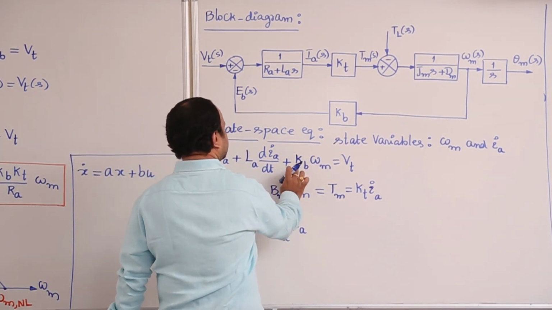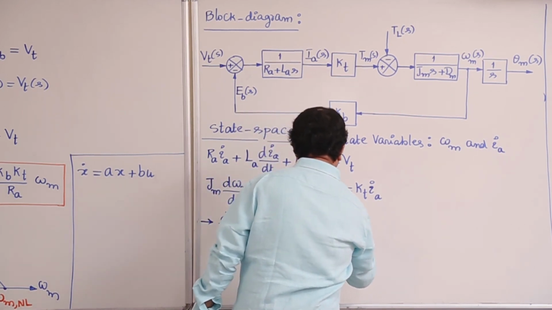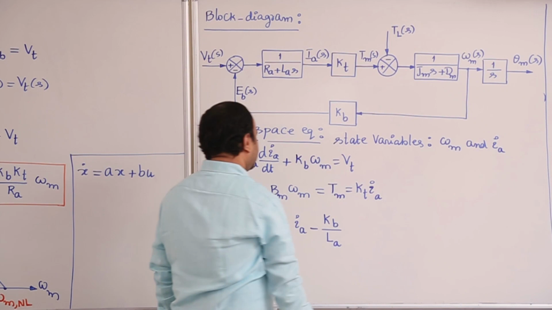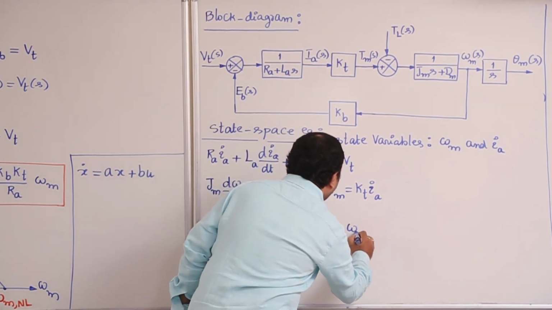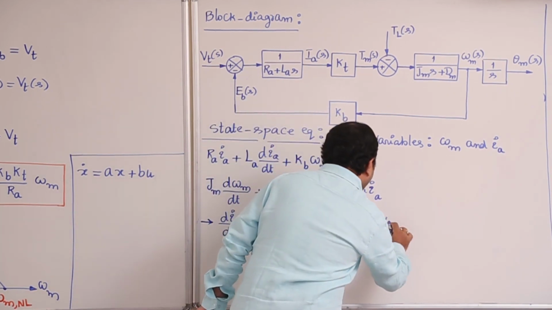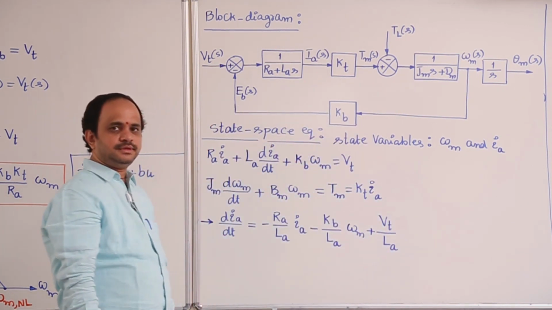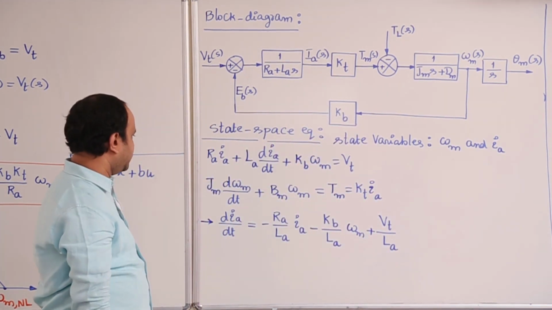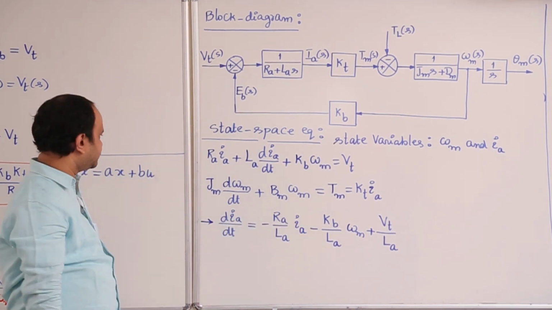Next, pull this term also to the right hand side, minus Kb divided by La into omega m plus Vt divided by La. This is the first equation. I just rearranged it like this.